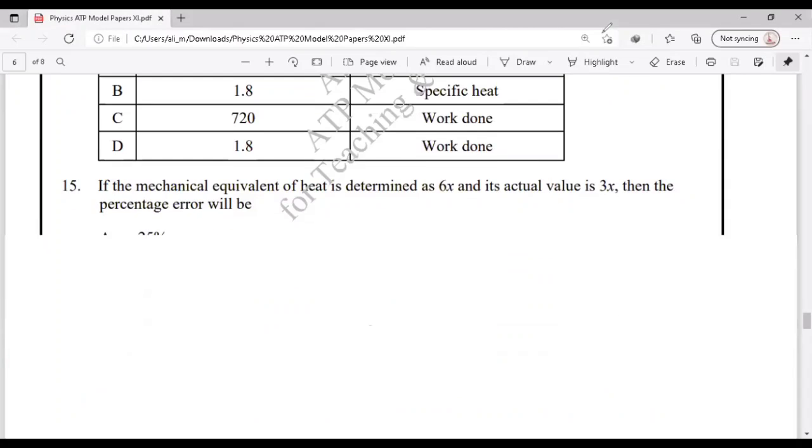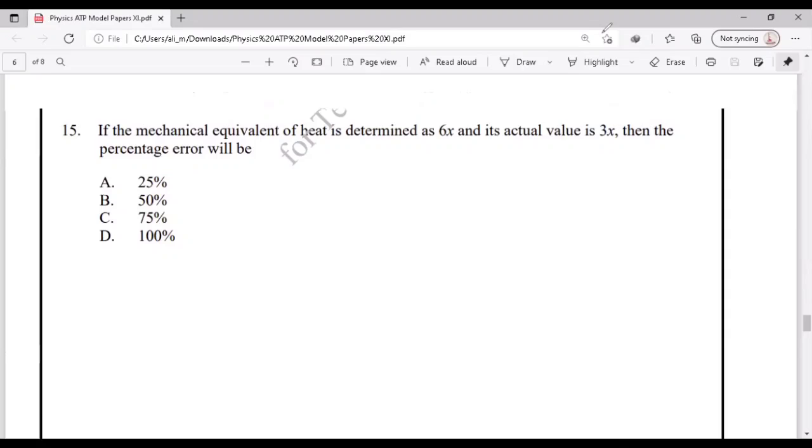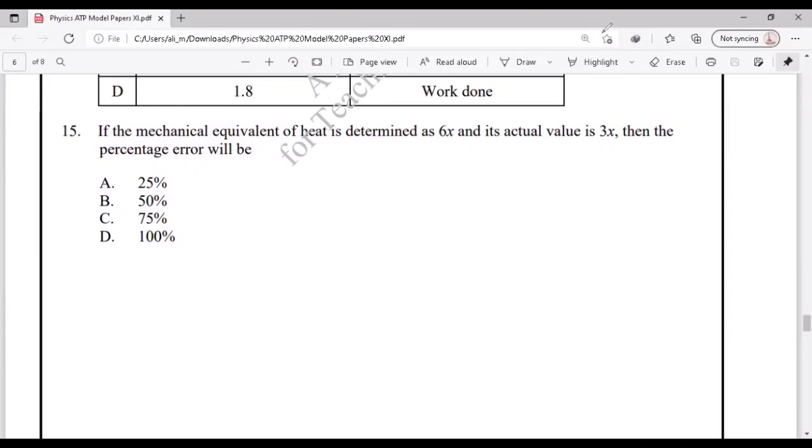Let's come to our last question of this ATP paper, question number 15. The mechanical equivalent of heat is determined as 6x, and its actual value is 3x. We have to find the percentage error. So we have to apply the simple formula for the percentage error.